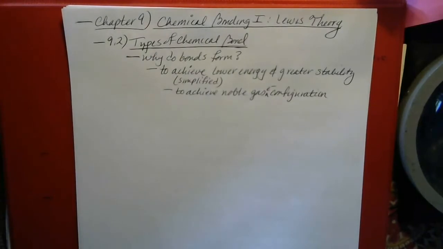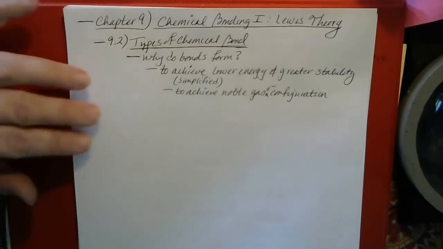If they don't have a noble gas electron configuration on their own, then how do they get to one? Well, generally, they can get to a noble gas electron configuration by either gaining or losing electrons to another atom, or by sharing electrons with another atom.